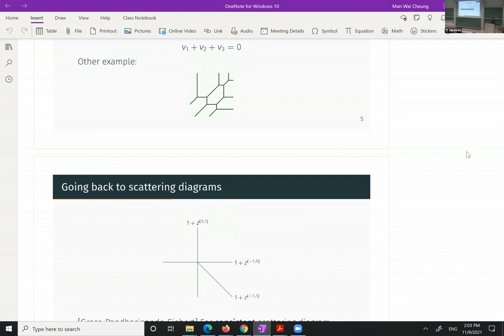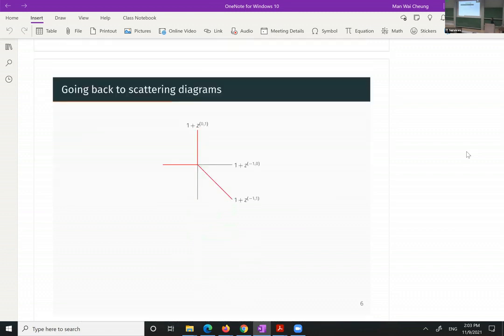Okay, this is a tropical curve, and you can see at this vertex, when we sum the outgoing directions, it is 0.